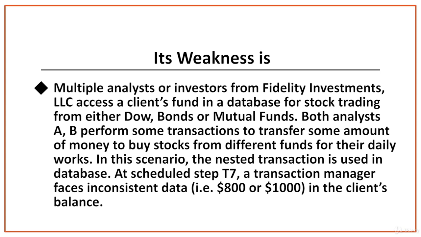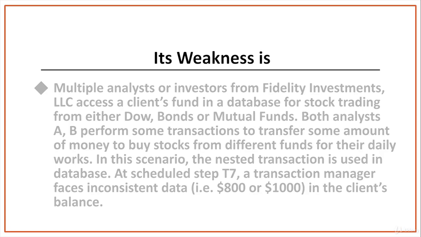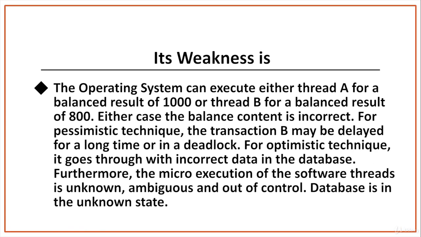At scheduled step T7, a transaction manager faces inconsistent data. That is, $800 or $1,000 in the client's balance. The operating system can execute either thread A for a balanced result of 1,000 or thread B for a balanced result of 800. In either case, the balance content is incorrect.